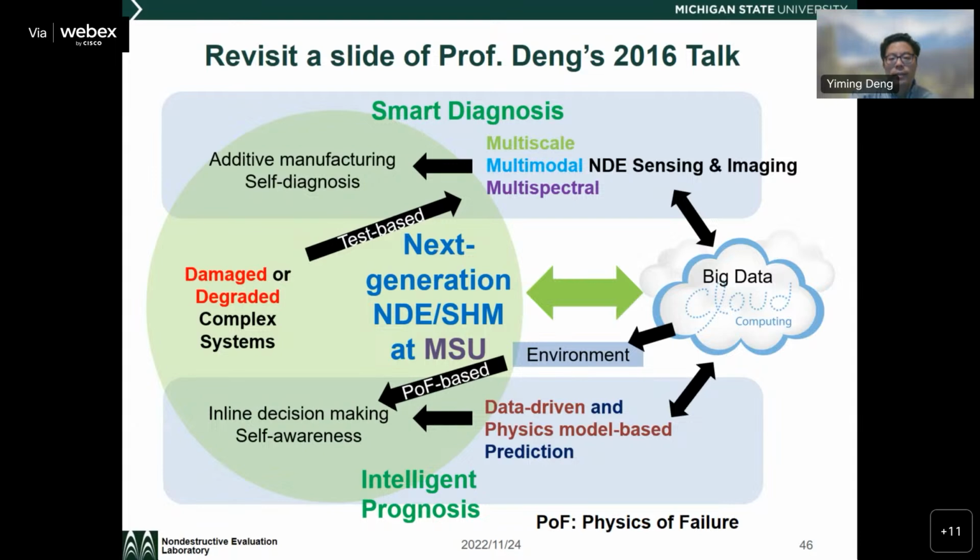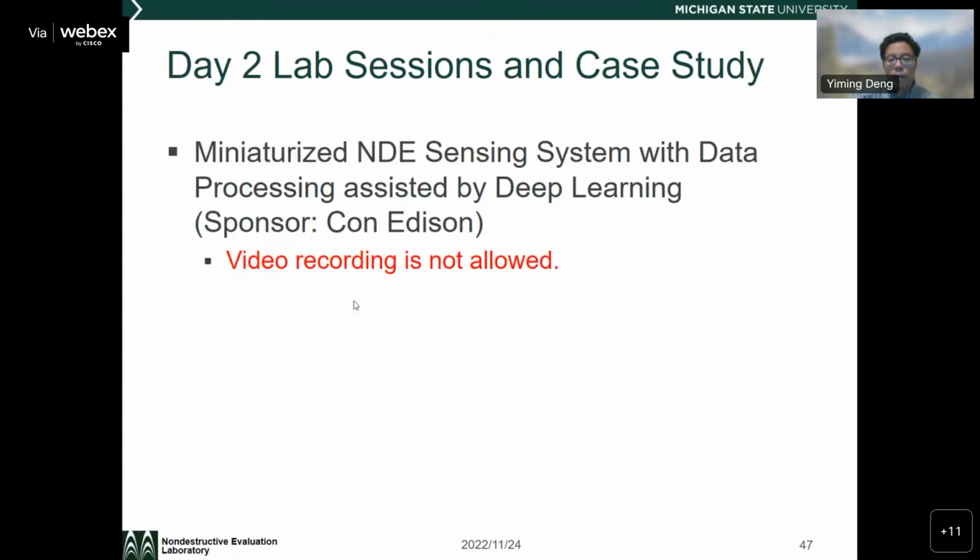Okay, so that's the last slide of my second part of today's lecture. And I'll stop here before I move to the lab session and case study. I'll start with this miniaturized ND sensing system with data processing assisted by deep learning.